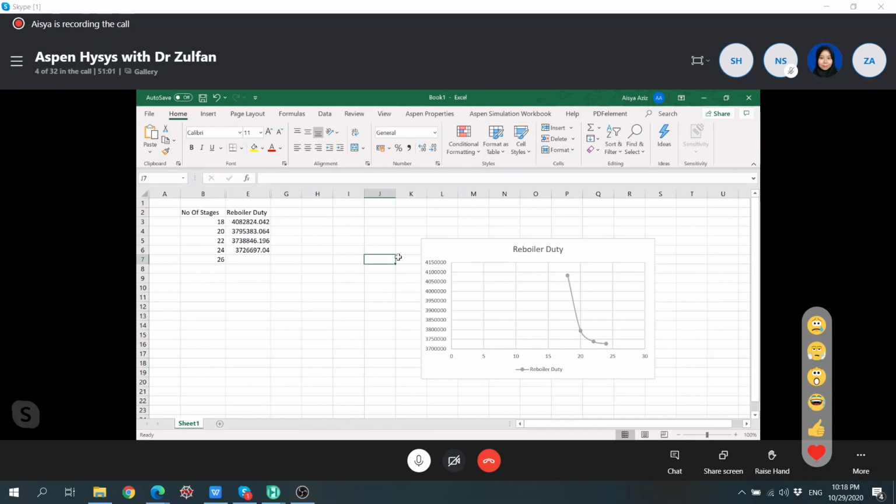So what is CapEx here in the column? The number of stages, and also the size of the reboiler and condenser. So these are the CapEx. And then what is the OPEX? The duties, especially the duty of the reboiler, because the duty of the condenser is cheap.